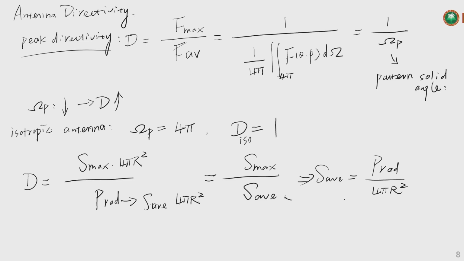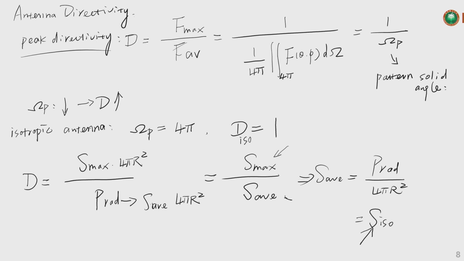So it is correlated to an isotropic antenna. The peak directivity can be expressed as the ratio of the maximum power density divided by the power density of an isotropic antenna, right?